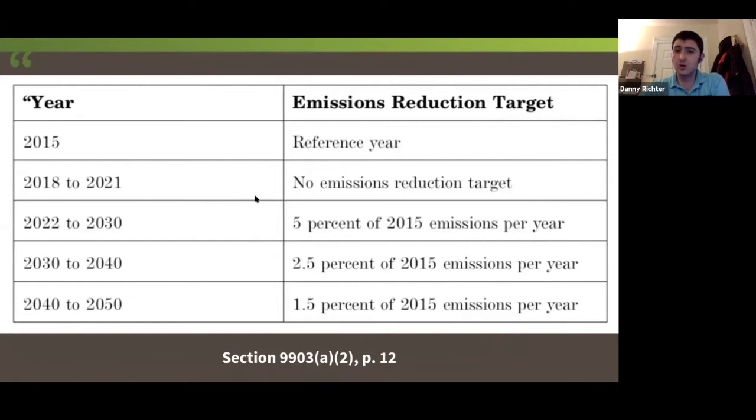And the reason we're going from 2015 to 2016 is because when we started drafting, again, taking the cover back on the process here, when we started drafting, the most recent US inventory of greenhouse gas emissions, which is an annual publication by the EPA, the most recent year was 2015. Now it is 2016.